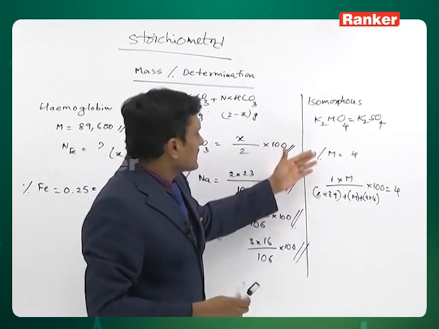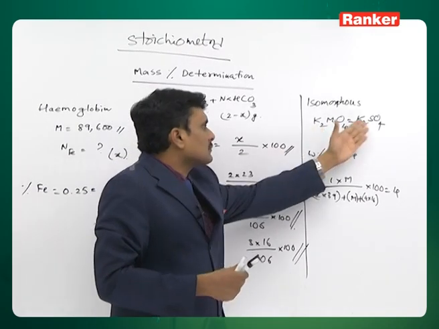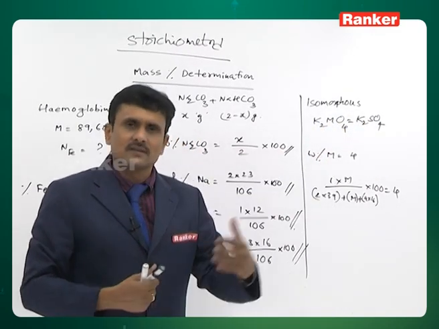I mean to say the atomic mass of the element whose compound is isomorphous with potassium sulfate can be known.